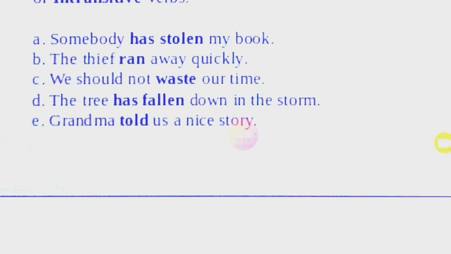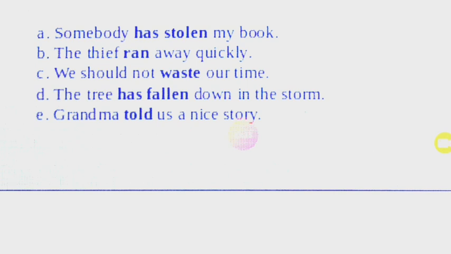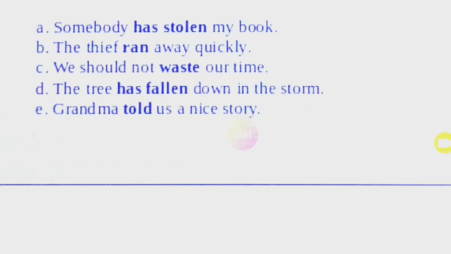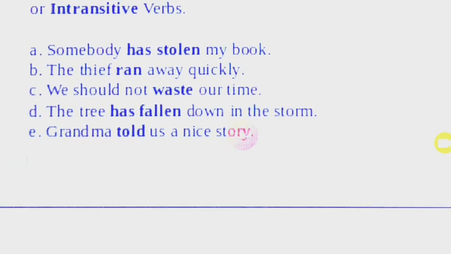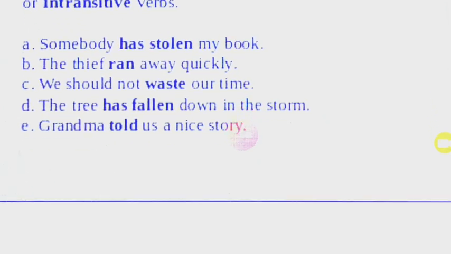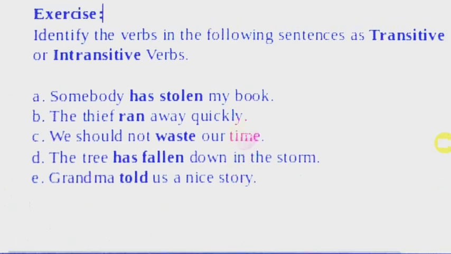In the second sentence, the thief ran away quickly. Ran is the verb; we have to find out whether it is transitive or intransitive. In the next one, we should not waste our time. Waste is a verb, and we have to find out whether there is an object or not. Next one: the tree has fallen down in the storm.